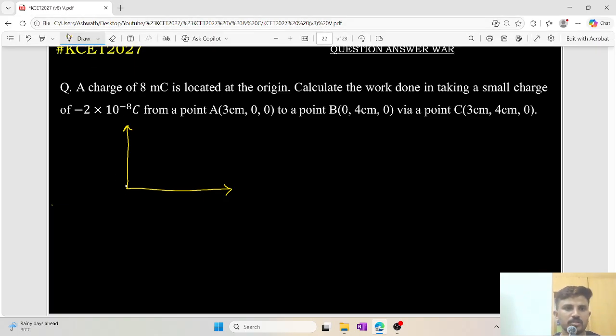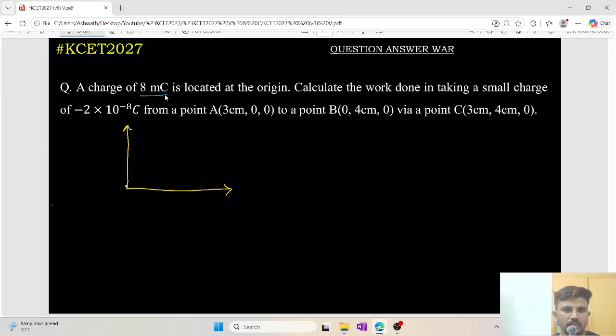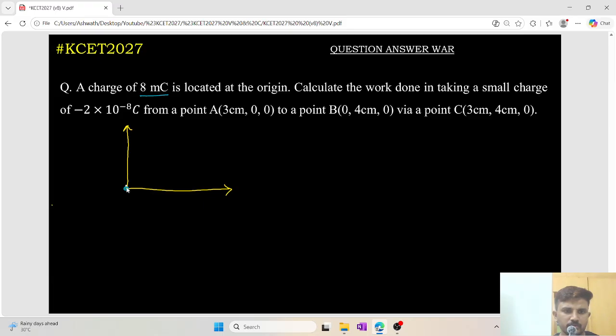So there is a charge at the origin, 8 millicoulomb. Let's consider this the source charge. Then what is the work done to move the small charge? The moving charge I'll consider as Q naught, that is minus 2 into 10 to the power minus 8 coulomb.